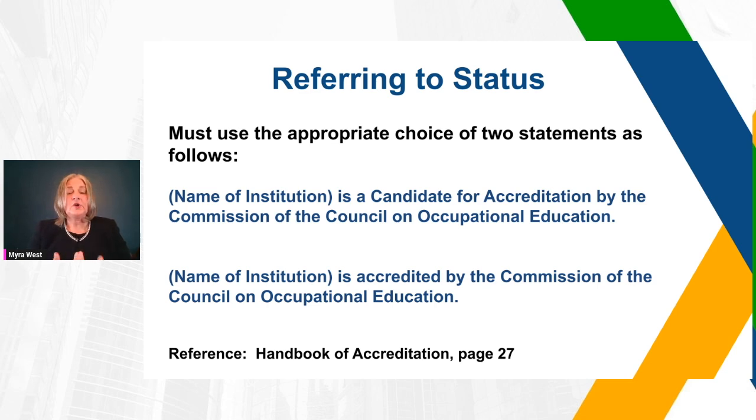Or if you are an accredited institution, then you would put your name is accredited by the Commission of the Council on Occupational Education. This language may be found in the Handbook of Accreditation on page 27. As with the seal, the Handbook of Accreditation is very specific about the wording an institution must use when referring to its status with the Commission.